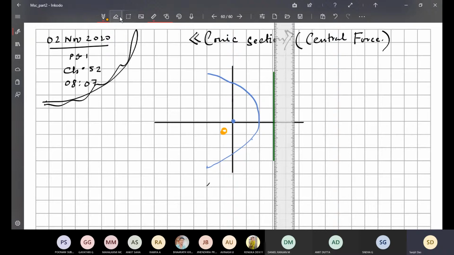I do not need the scale now, so I can take the scale out.